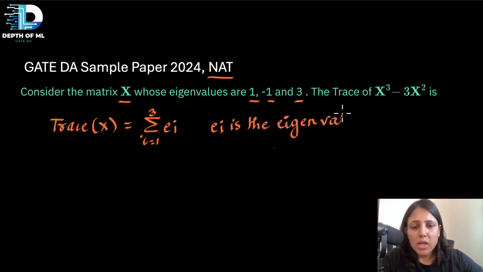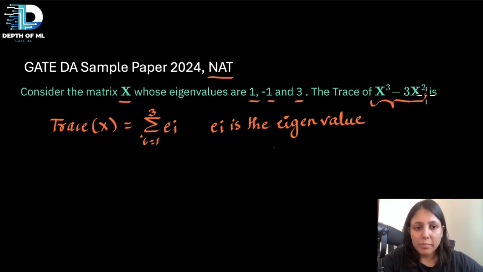This is the trace of a matrix. You will see trace being used in multiple GATE DA questions. This seems to be one of the favorite topics of the GATE committee, so you should know what the trace of a matrix is. The next thing to focus on is that they are asking not for the trace of X but of something like a polynomial of X. So we'll see how to do this.